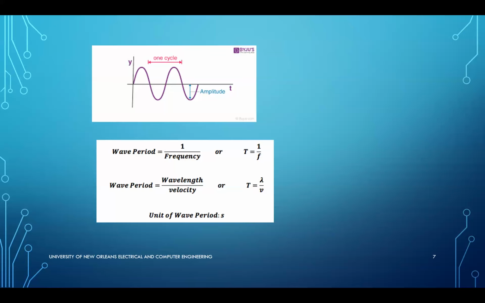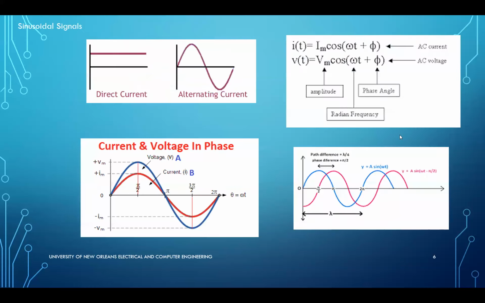But in any case, last time we were talking about an AC signal being mathematically expressed like any one of these two functions here, like a voltage or a current, which is described by an amplitude, a phase angle, and a frequency.